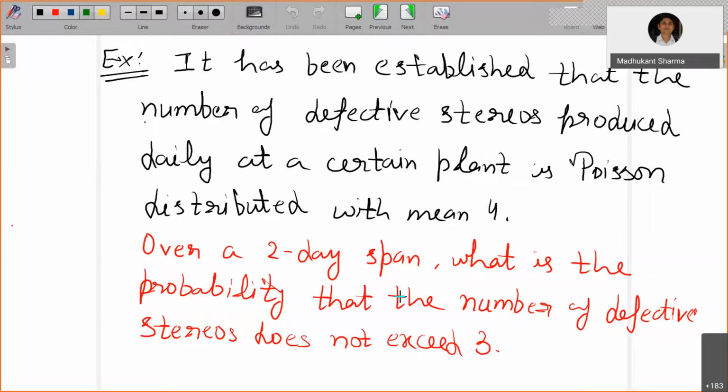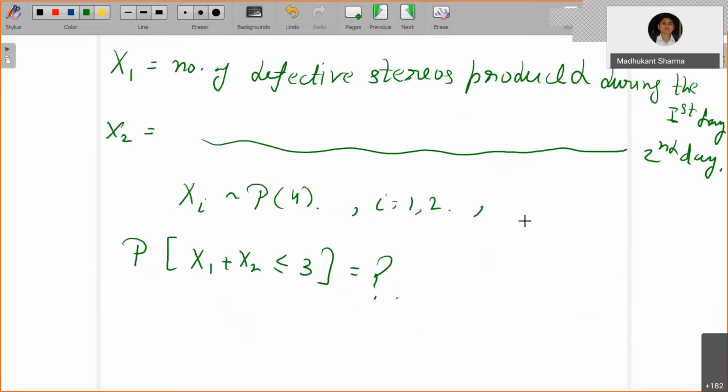Without loss of generality, we can assume that X1 and X2, the numbers of defective stereos produced on both days, are independent. In that case, X1 plus X2 follows a Poisson distribution with parameter 4 plus 4, which is 8.